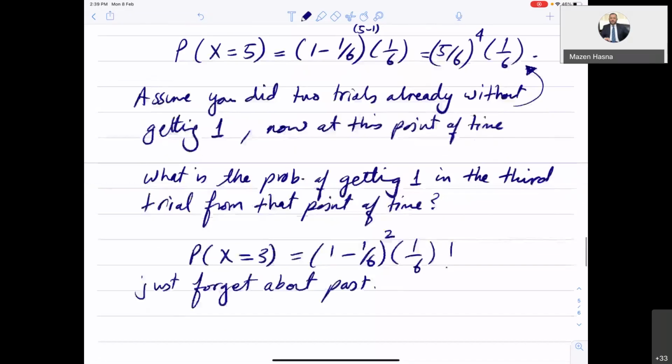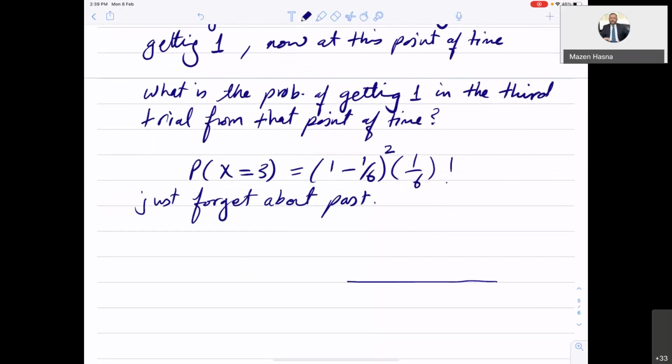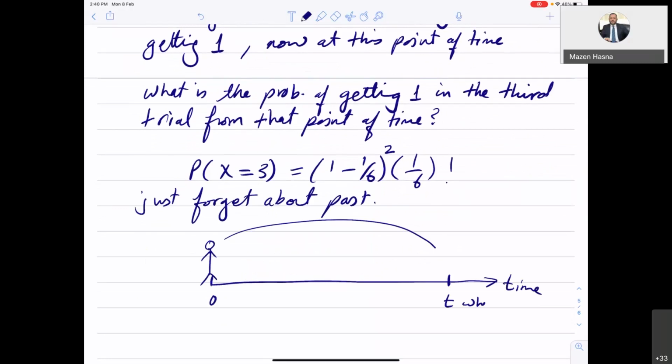You don't care about what happened in the past. You start fresh. So if this is the timeline, for example, and this is 0, we were standing here and looking at 5.